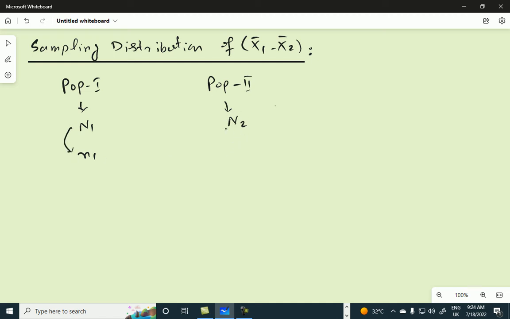Similarly, if you choose a sample of size n2 from the second population, by either method, with replacement or without replacement, you will have so many samples.